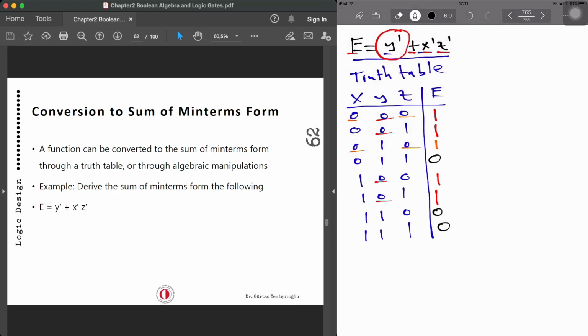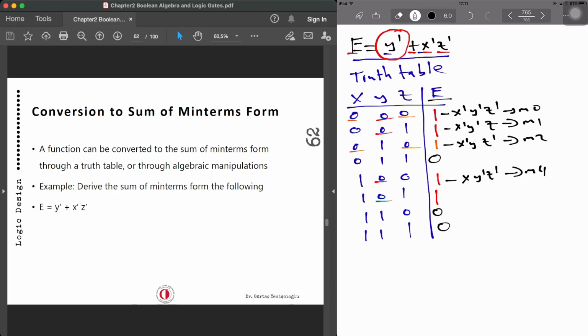So as you can see, now we have got all the ones for E. We can easily write this as x prime, y prime, z prime, which is min term 0; x prime, y prime, z, which is min term 1; x prime, y, z prime, which is min term 2; x, y prime, z prime, which is min term 4; and x, y prime, z, which is min term 5.